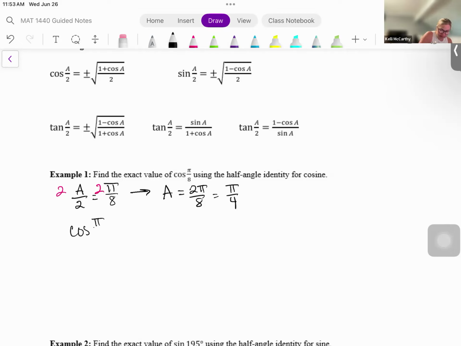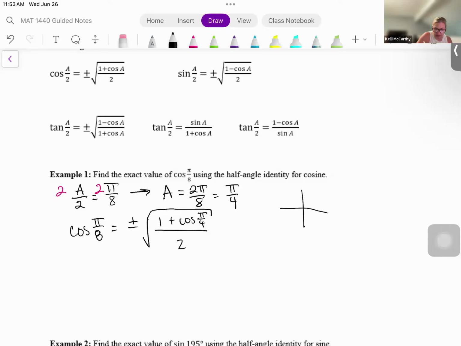So cosine of pi over 8 is equal to plus or minus the square root of (1 plus cosine pi over 4) divided by 2. Now, when we think about the value pi over 8, we know where pi over 8 lies.